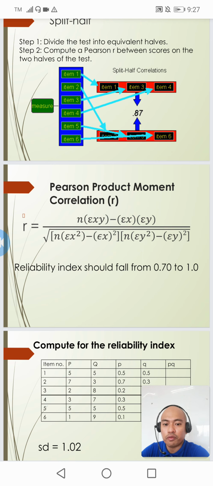So this is the formula in checking or in deriving reliability index in our test instrument using the Pearson product moment correlation analysis.